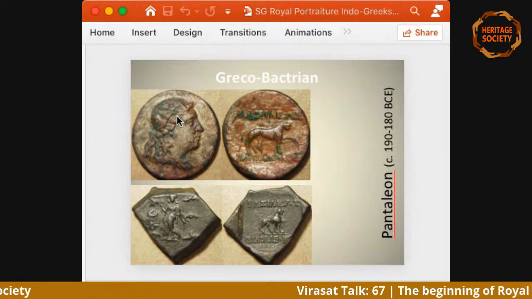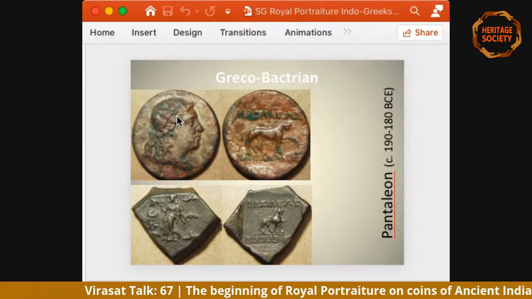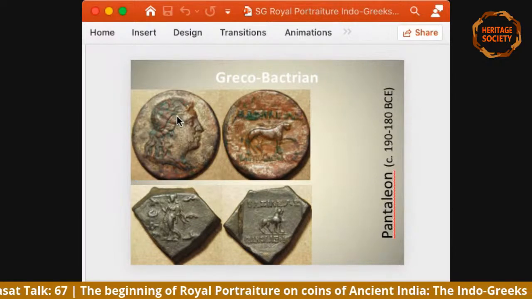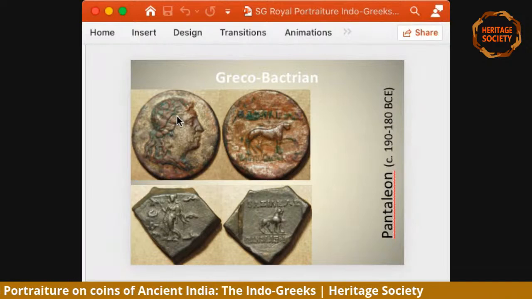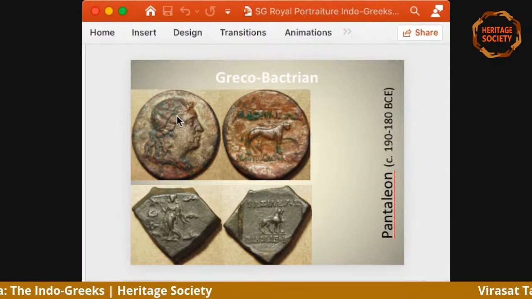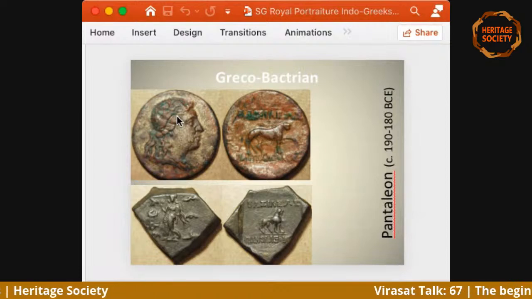So this is, as I said a while ago, a very thin line where some of the rulers took this recourse of blurring the dividing line between royalty and divinity.